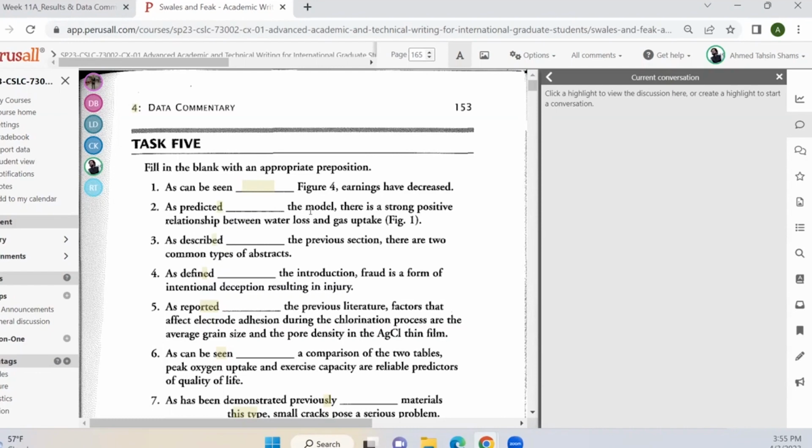How we design it: after methodology, we have the discussion section, or sometimes before discussion, we have results. If you have a table, graph, or chart, then you need a results section. Otherwise, after methodology, I can directly start with the discussion.